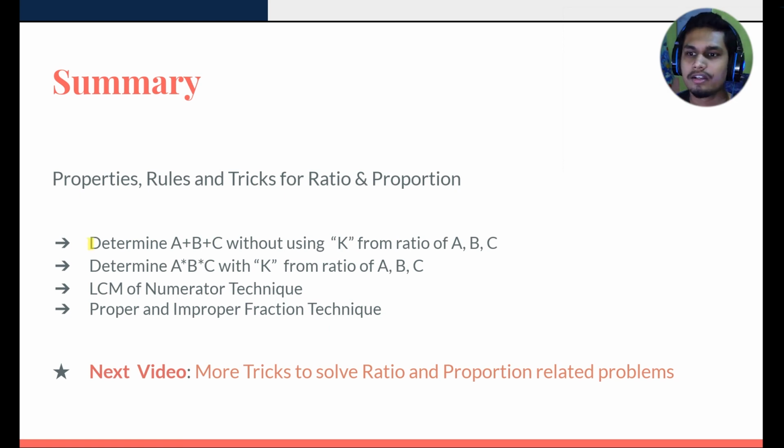First one is to determine the addition of the variables where we have the ratio of those variables without using the constant term k. Another point is how to determine the multiplication of those variables if we know the ratio using k.